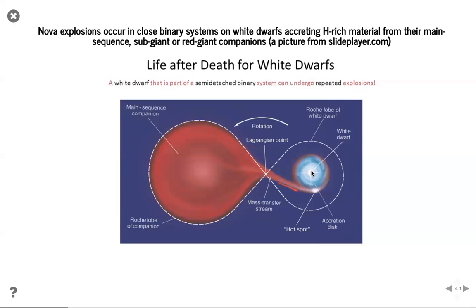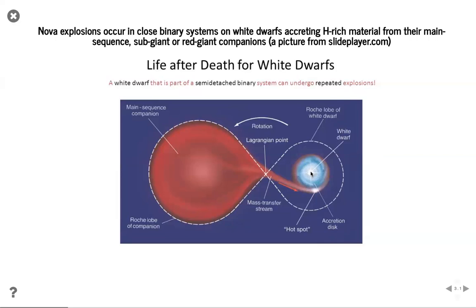But the story is different when a white dwarf is a member of a closed binary system. We call closed binary systems those systems of stars in which the evolution of a star is substantially different from the evolution of the corresponding single star, which means that the stars in closed systems can interact with each other.